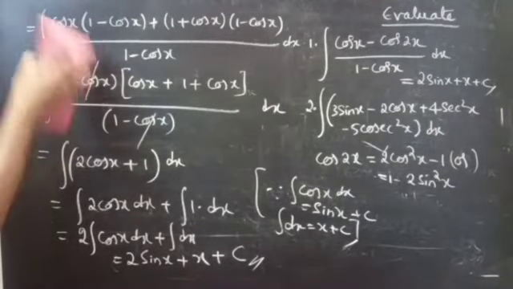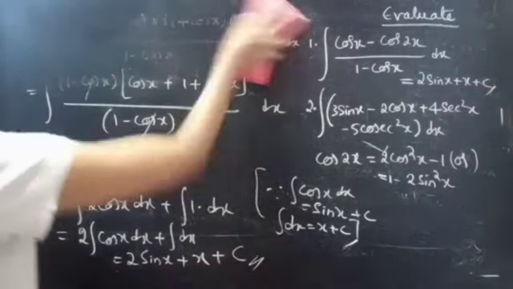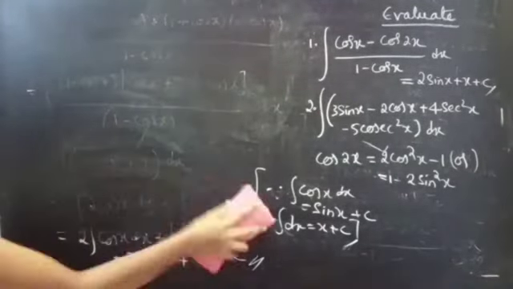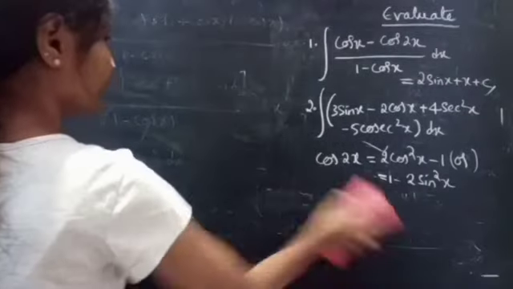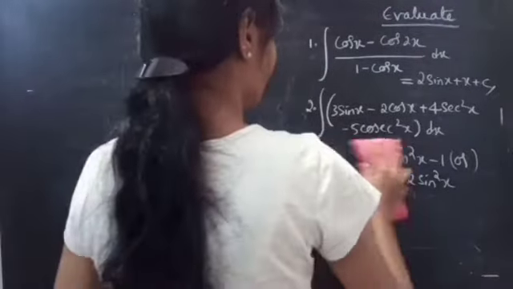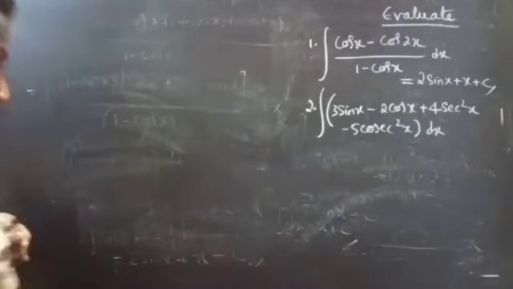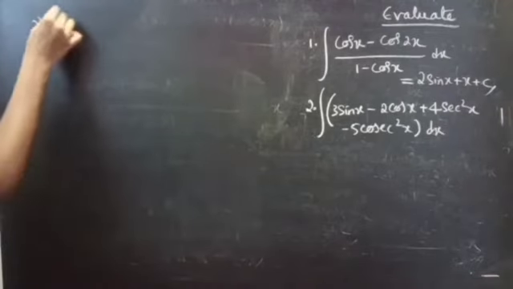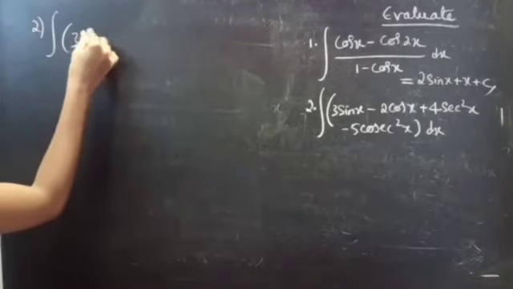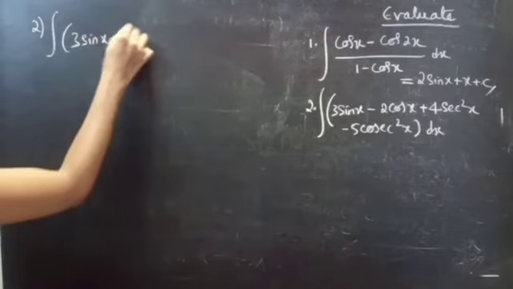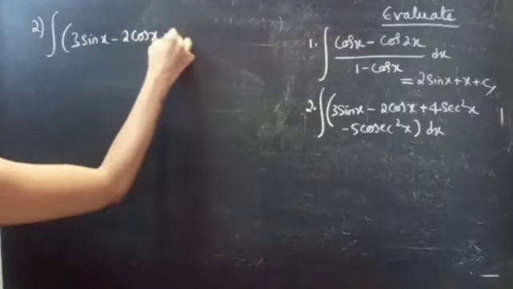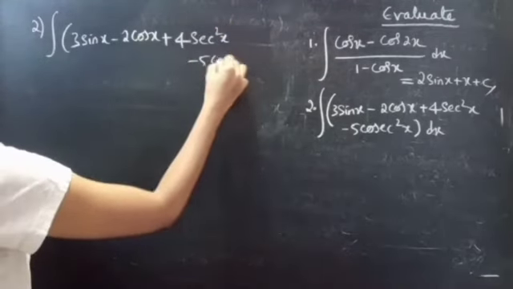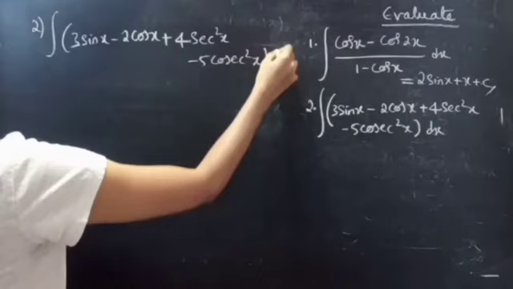So now coming to the second problem. Evaluate the integral of 3 sin x minus 2 cos x plus 4 secant square x minus 5 cosecant square x into dx.